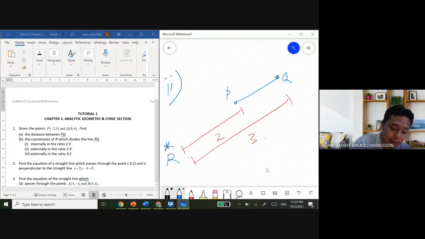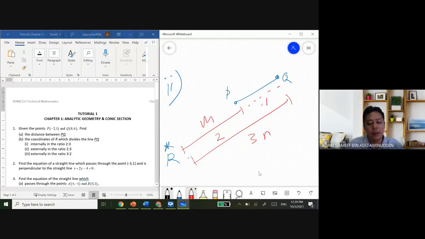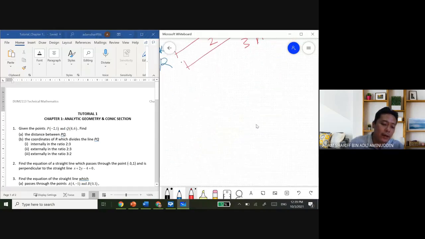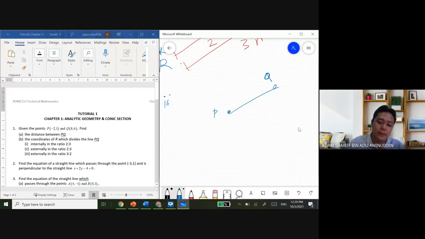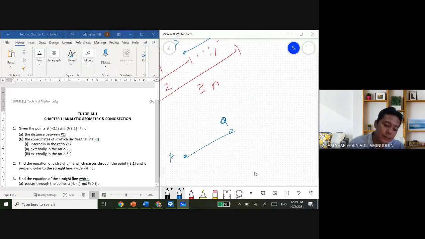Okay, so sini satu lah. Sini satu, 2, 1. Yang R ni M, this is N, 2, 3. For the case of 3 Roman, this is PQ, for example, PQ. 3, 2.